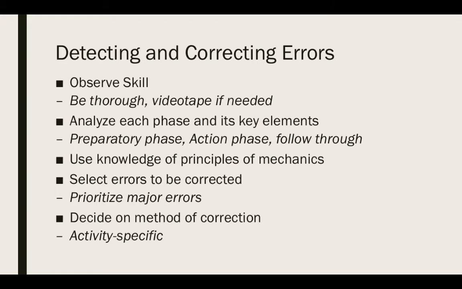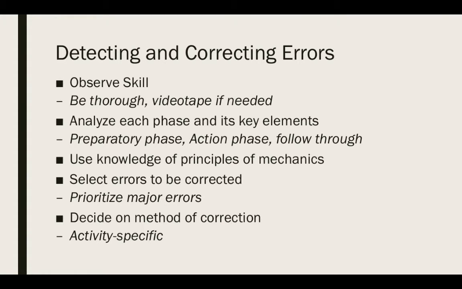So finally, to wrap up this lecture, how do we need to correct and detect errors in motor skills from a coaching or physical therapy perspective? We first of all have to observe the skill, and when doing so, you have to be thorough and videotape if needed. You have to analyze each phase of the skill and its key elements, the preparatory phase, the action phase, and the follow-through, and use the knowledge of the principles of mechanics in order to better understand what forces are taking place during the motion.